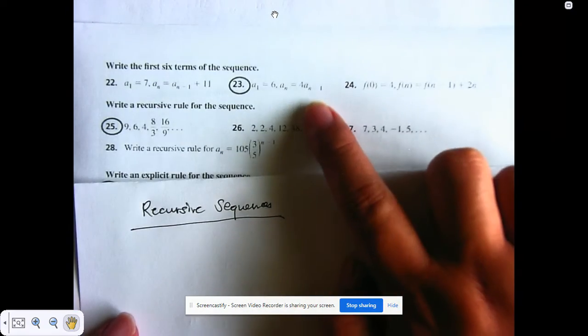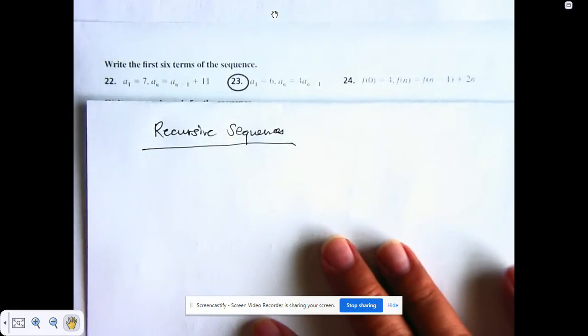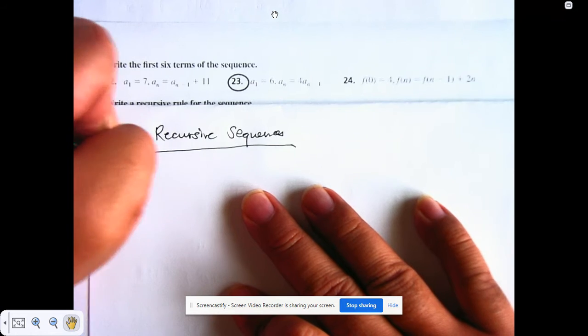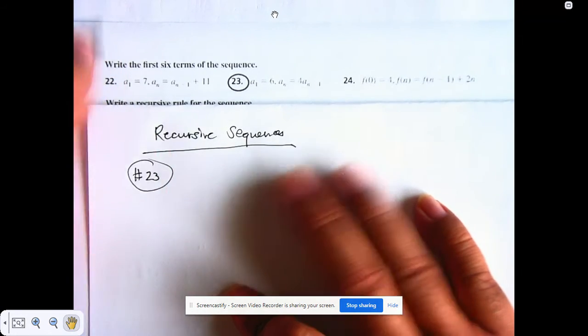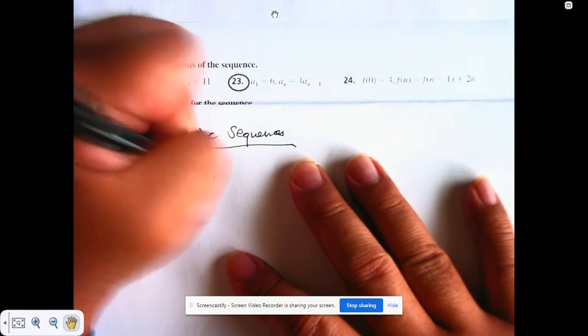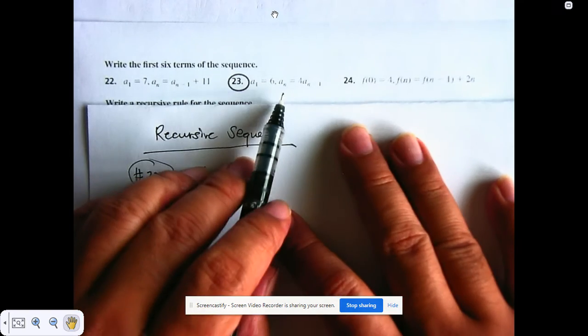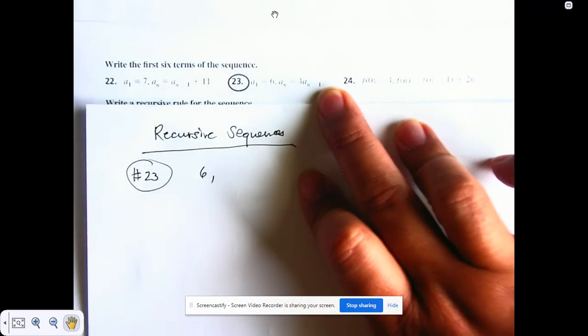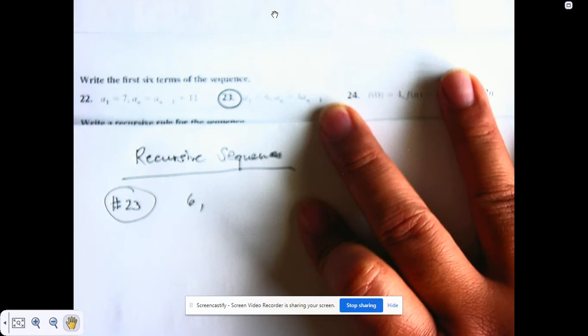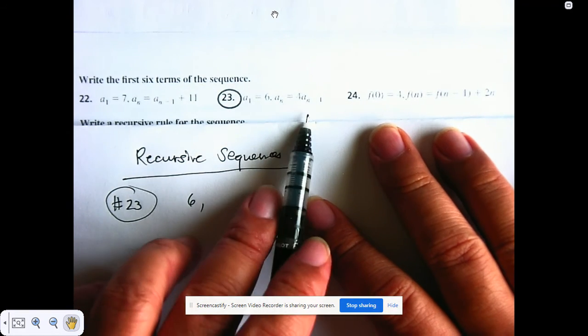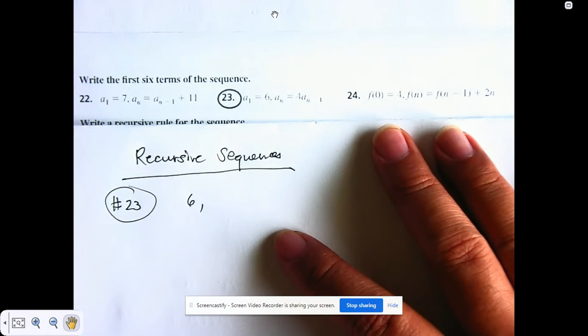The first one is number 23. The first term is 6. To get to the next term, we see that the previous term is being multiplied by 4. So just multiply by 4.